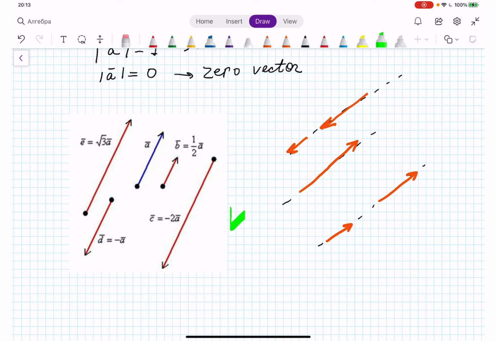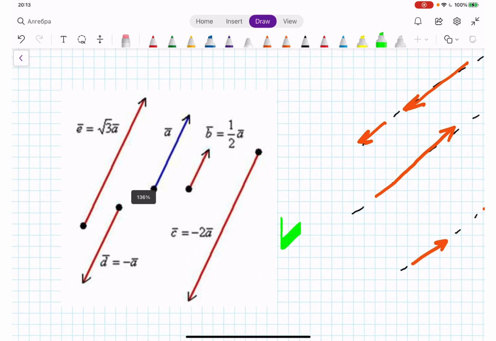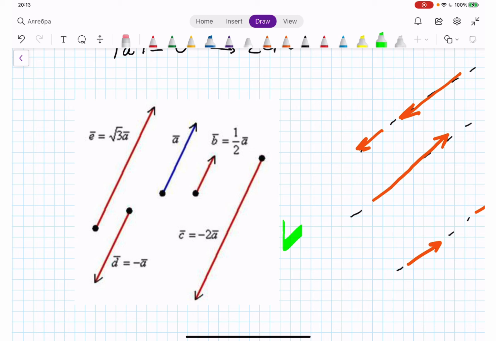Okay, so what do we have on this picture here? Vector a is equal to square root 3 times vector A, but vector a is equal to negative vector A. So those are scalar multiplication products.